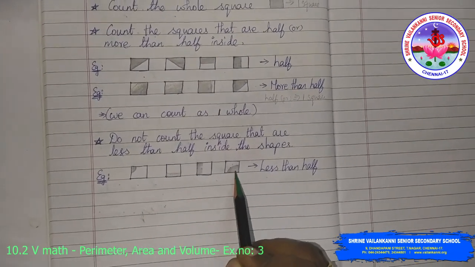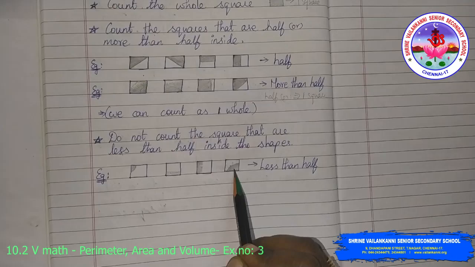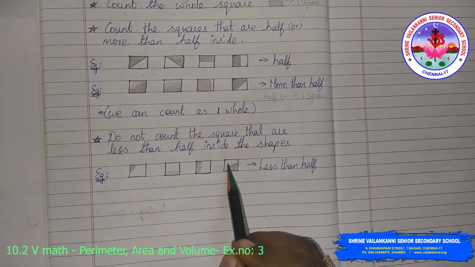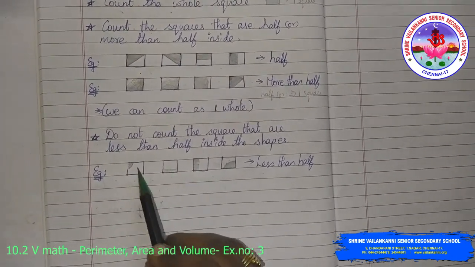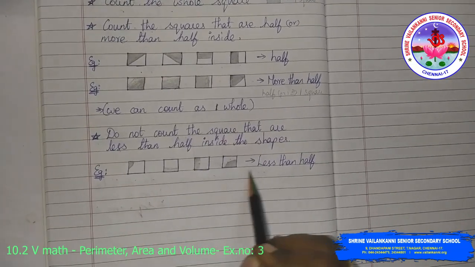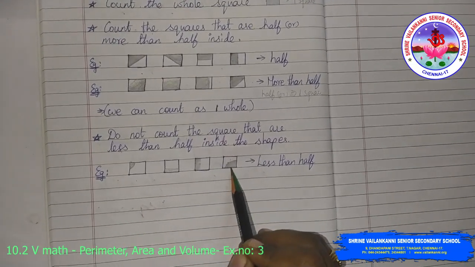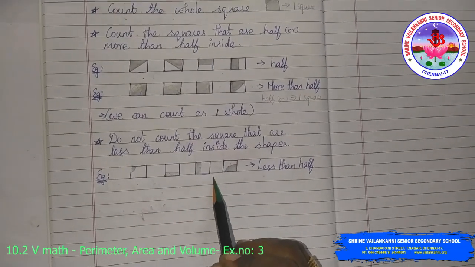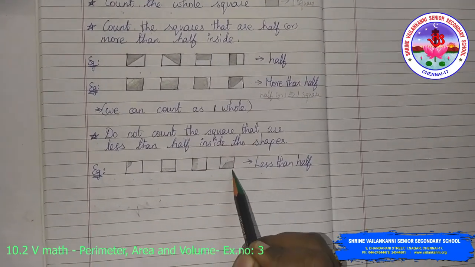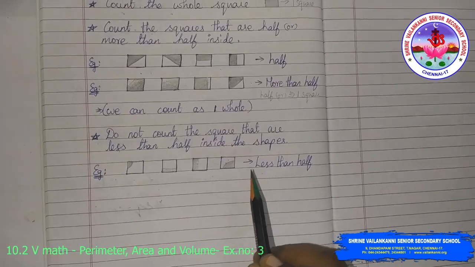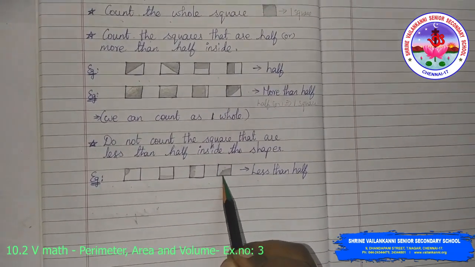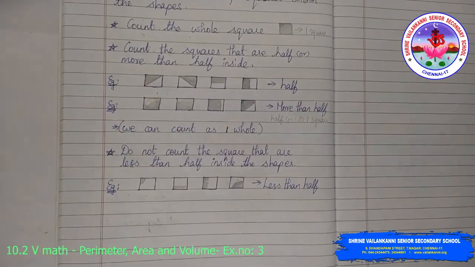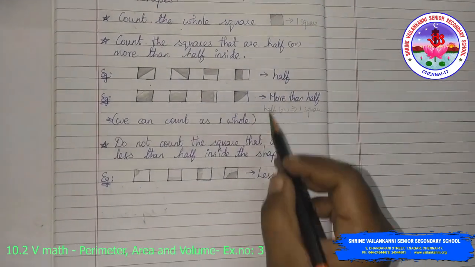If you see, the shaded part is lesser when compared to the unshaded part. So if you have these kinds of squares in a sum, you need not count them. We'll see some sums using these 3 rules.